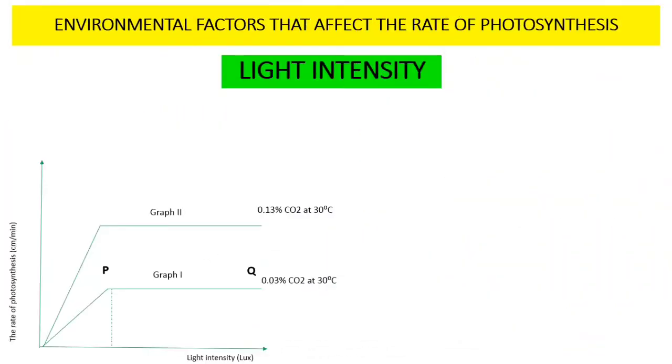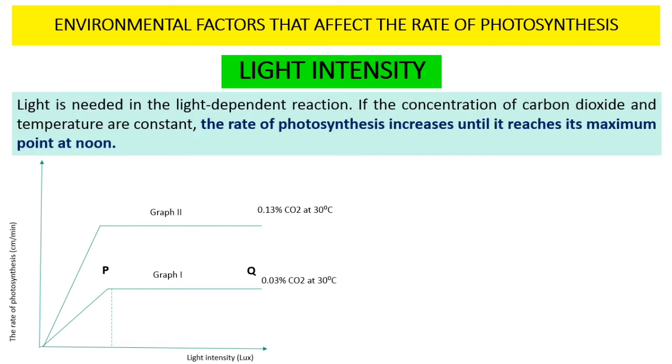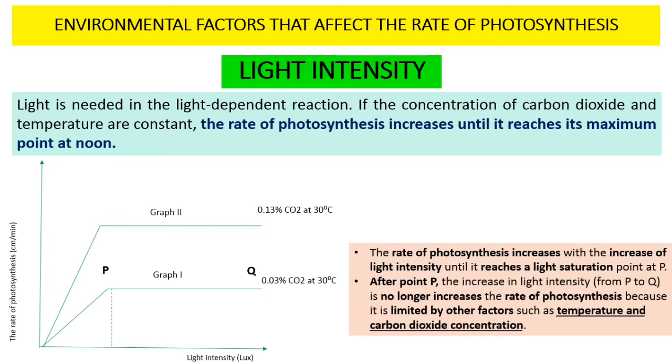Okay, next, light intensity. So this is the graph of light intensity. Light is needed in the light-dependent reaction. If the concentration of carbon dioxide and temperature are constant, the rate of photosynthesis increases until it reaches a maximum point at noon. So, what happened?